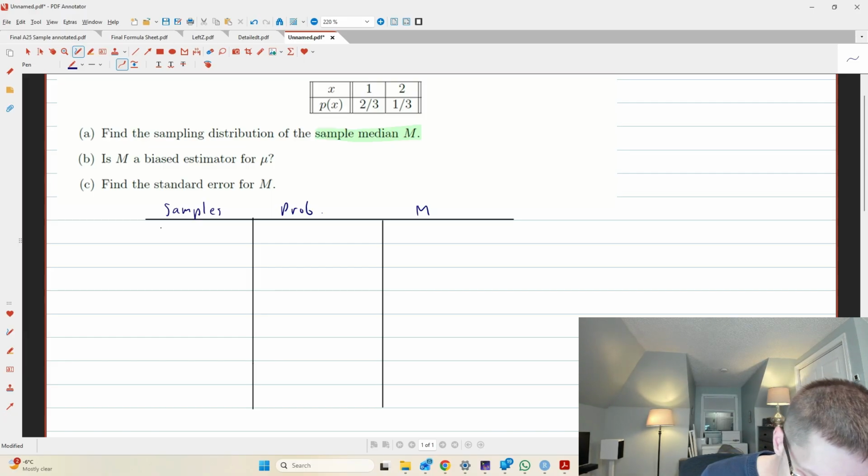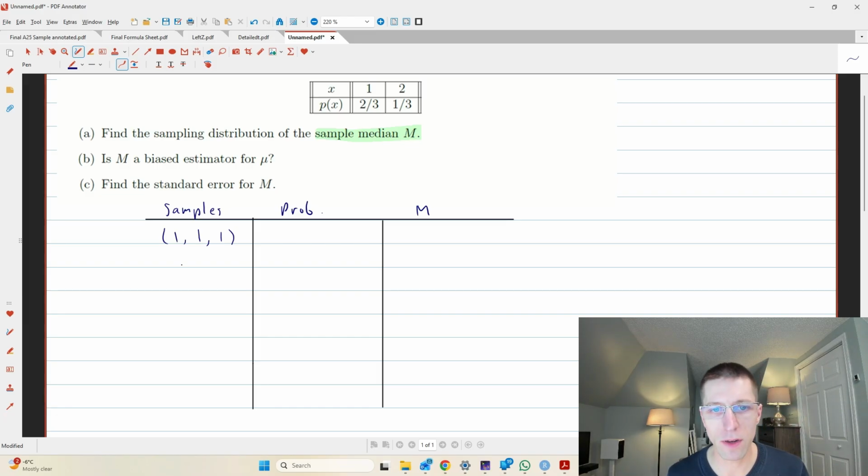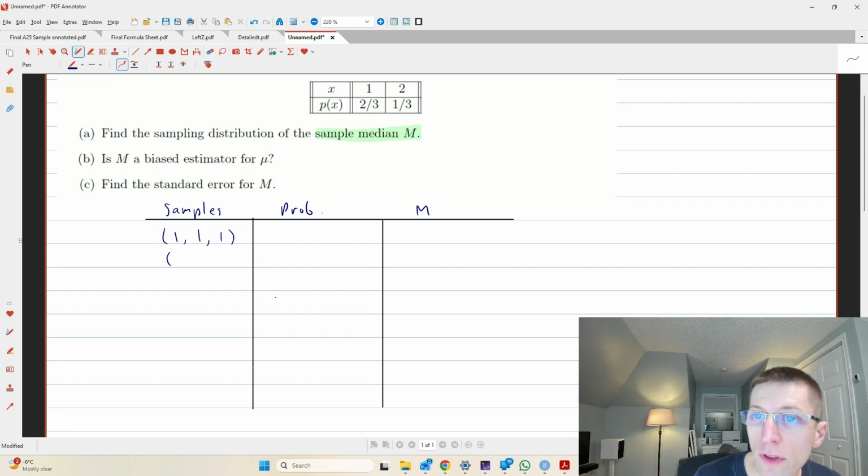For samples of size 3, X can assume 2 values, 1 or 2. That means we're going to have a total of 2 times 2 times 2, which is 8 different samples.